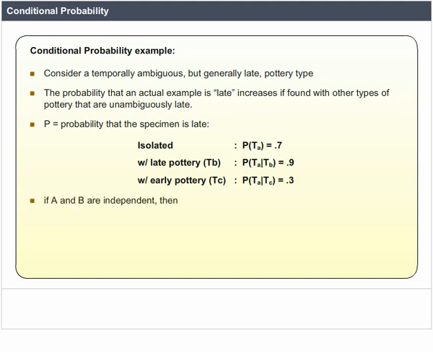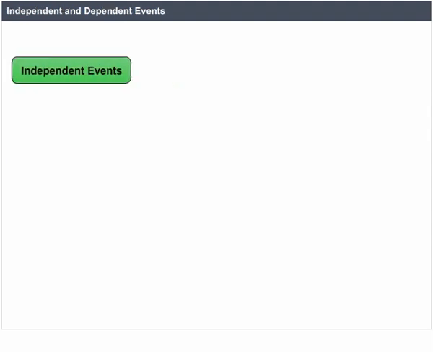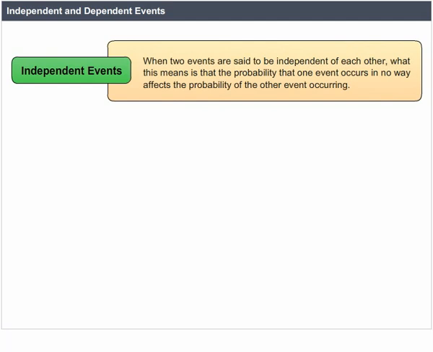If A and B are independent, then probability of B given A is equal to probability of A into probability of B divided by probability of A, which equals probability of B. Independent events. When two events are said to be independent of each other, what this means is that the probability that one event occurs in no way affects the probability of the other event occurring.